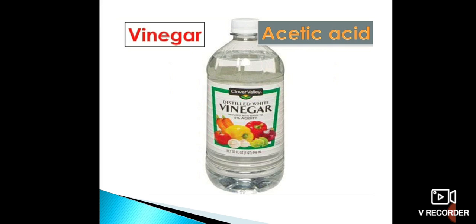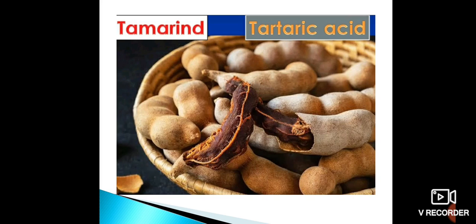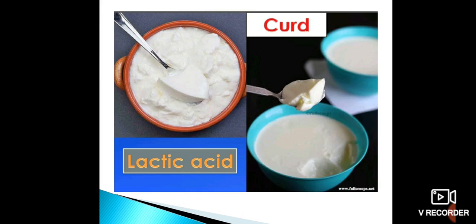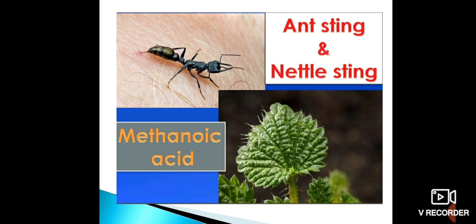While preparing gobi, they put a colorless solution on that gobi, which is called vinegar. It is a weak acid called acetic acid. Tamarind, tartaric acid. Tomato, oxalic acid. Curd, lactic acid. Then anti-sting and nettle sting, methanoic acid.